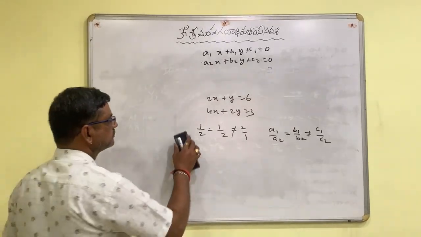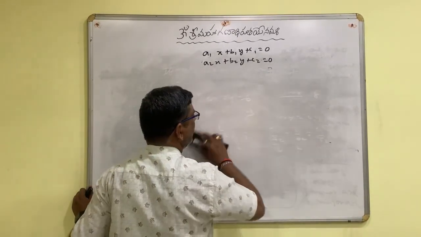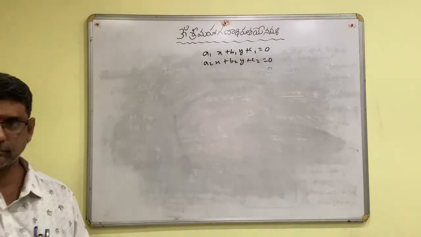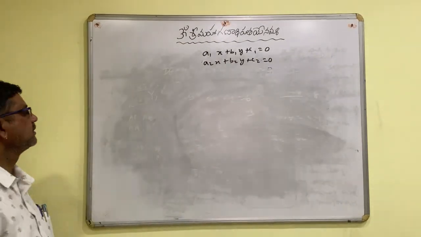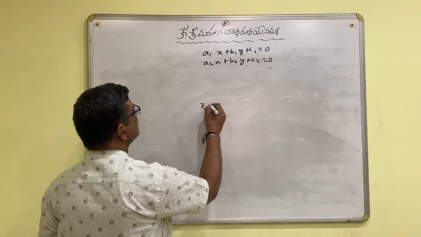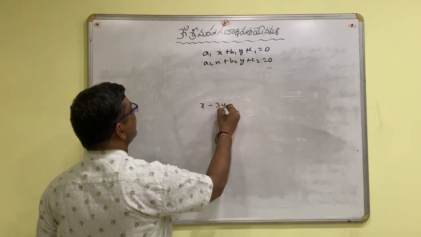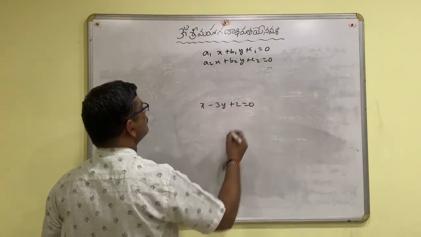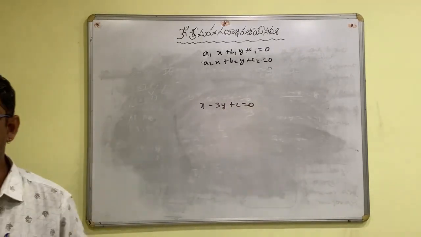Now, I will write another equation: x minus 3y plus 2 is equal to 0.